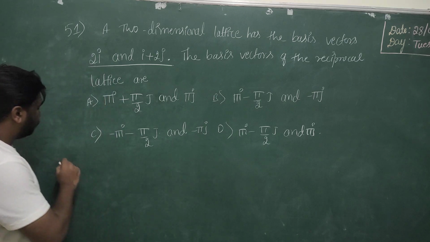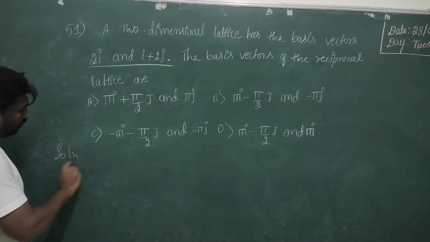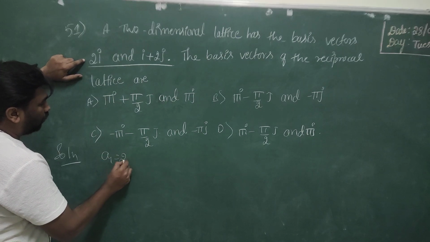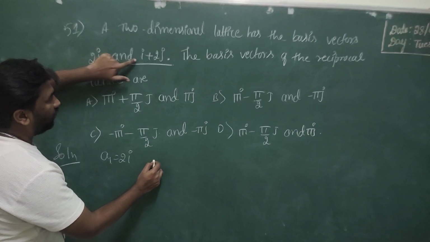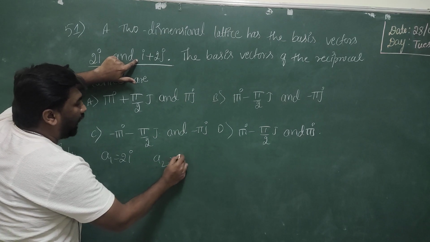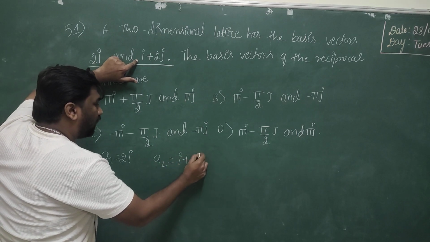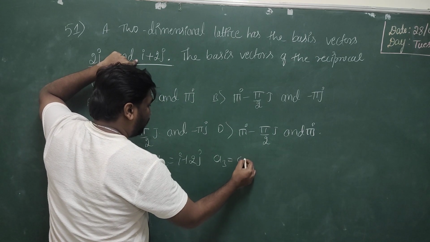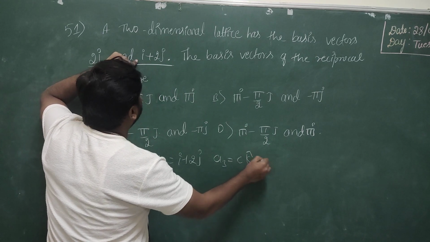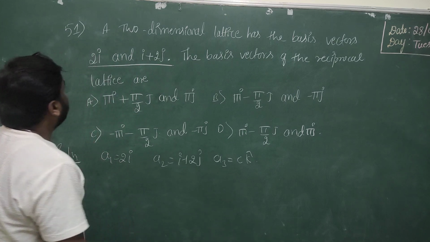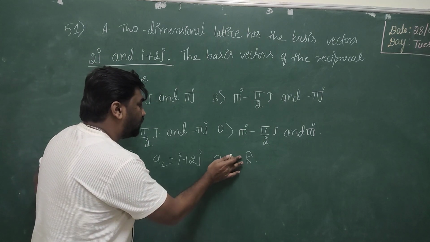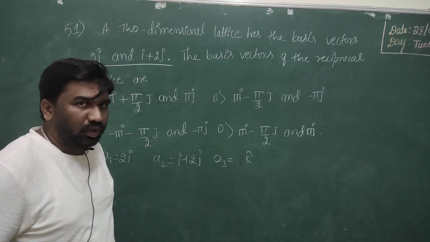Suppose this is our A1 vector, 2i, and this is our A2 vector, i plus 2j. The A3 vector is not given, so let us consider that as C k cap, where C is 1, I am taking 1.